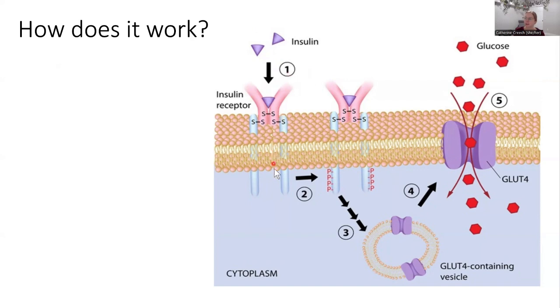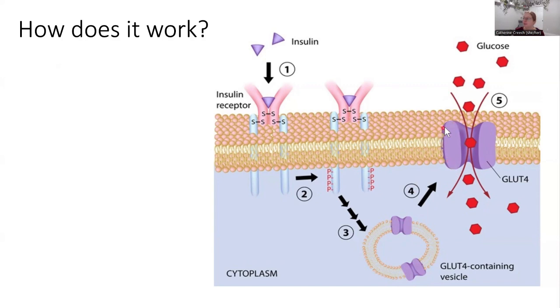Once it's received, the cell sees that it got the signal that there's glucose in the bloodstream. And so it sends that signal to these vesicles that are waiting. These vesicles contain the glucose transporters, which we call GLUT4. That vesicle will fuse with the plasma membrane.